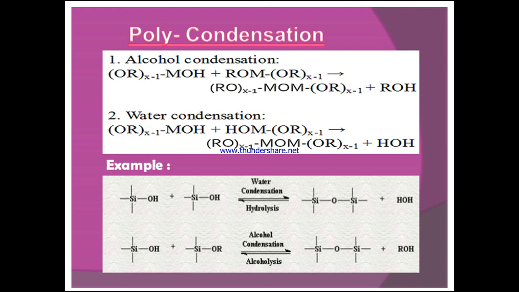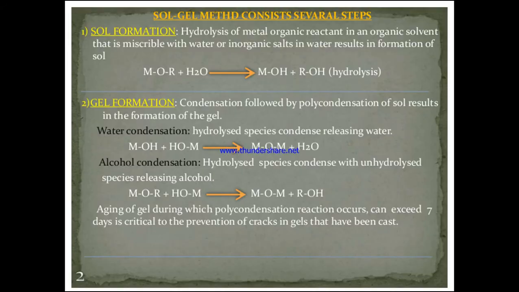The alcohol condensation results in the formation of the metal oxide, that is silicon oxide, which is the nanomaterial. Silicon oxide is the nanomaterial which has been extracted here. The end product is the metal oxide, the nanomaterial. These are all the reactions.